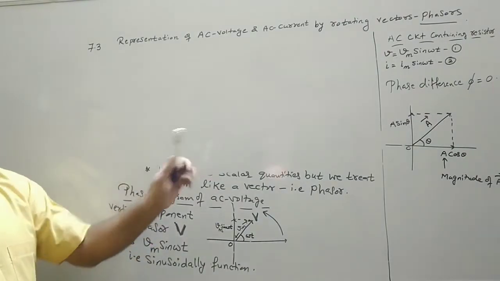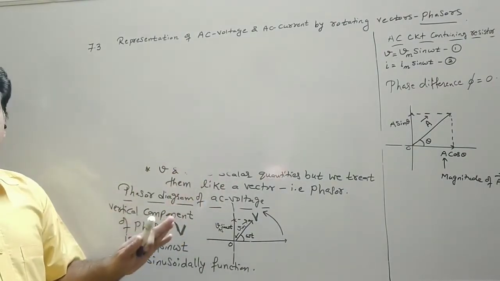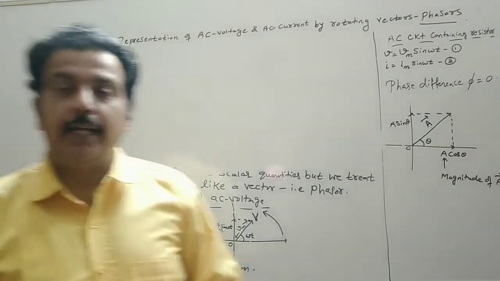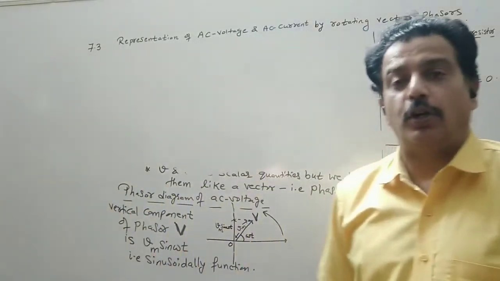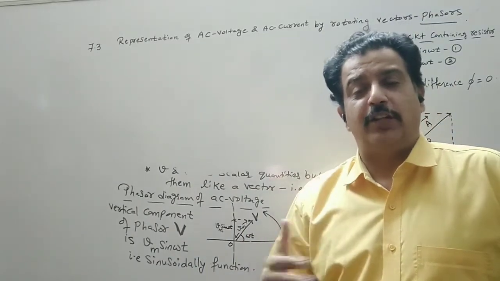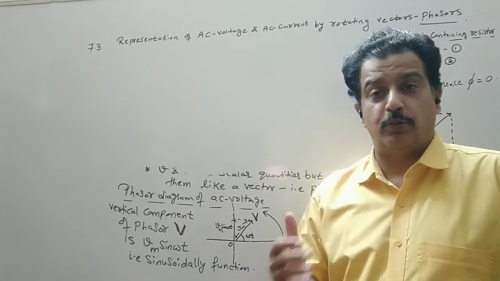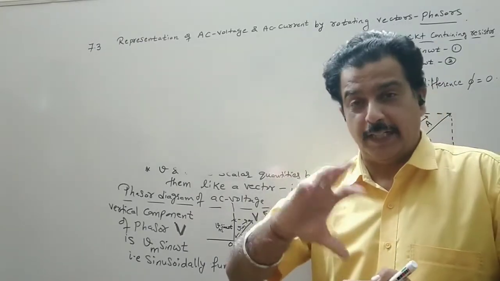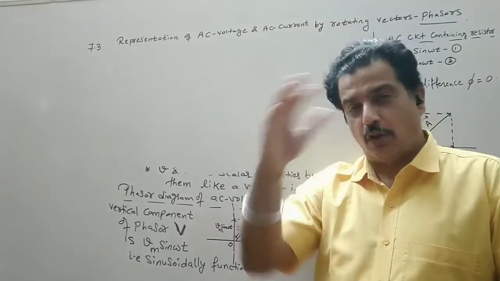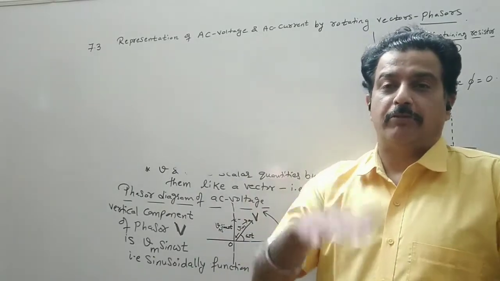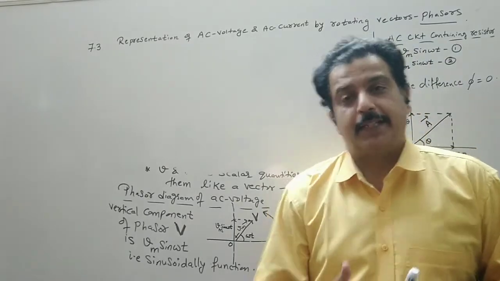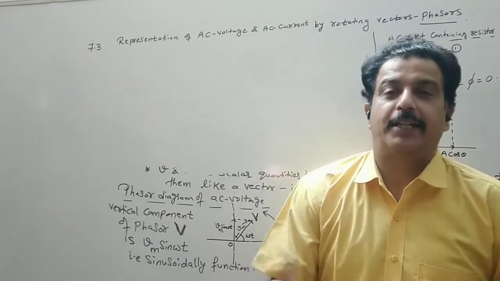You have to keep in mind that a phasor is nothing but a vector, and AC voltage or current are scalar quantities, but because their values are changing continuously as well as they change their direction, or we can say they change their polarity. If the current is flowing in a clockwise direction, then after 180 degrees, or after T/2 time, that is the half cycle, the polarity is reversed.